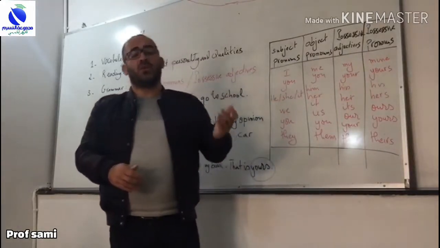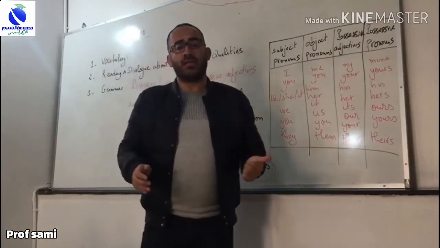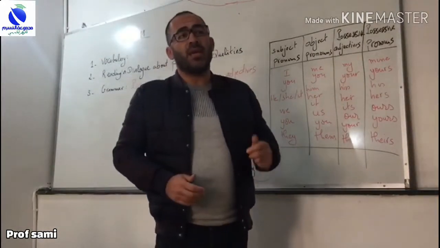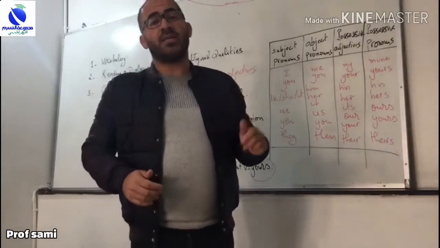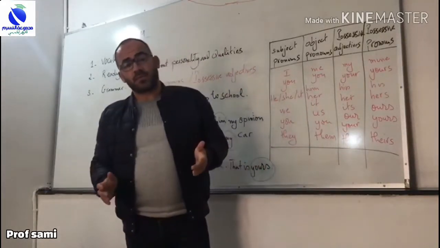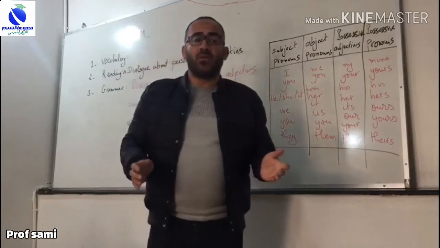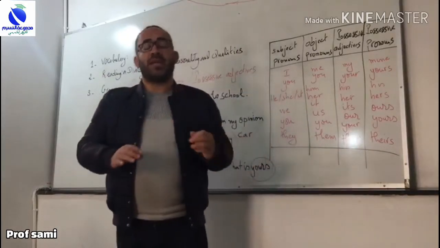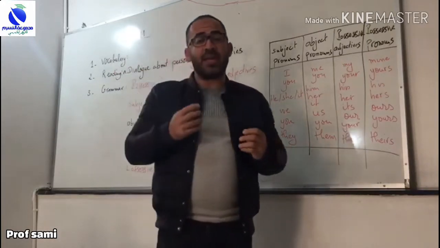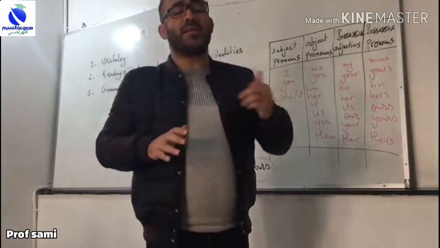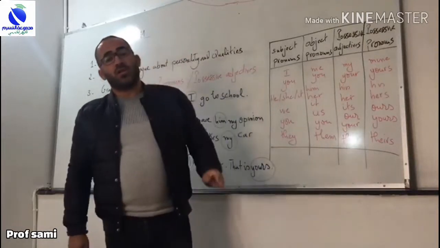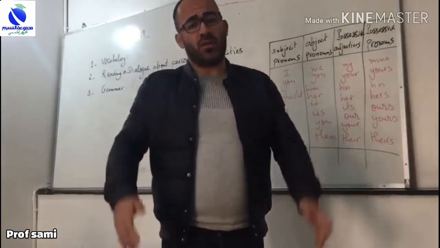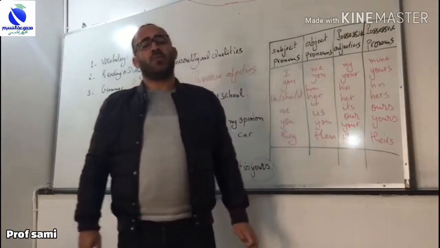So you can also use colors to describe the physical appearance of someone. You can say he is bald, we can say she is bald for girls, he has got a mustache, he has got a beard. So I explained to you the way to describe the physical appearance of people.